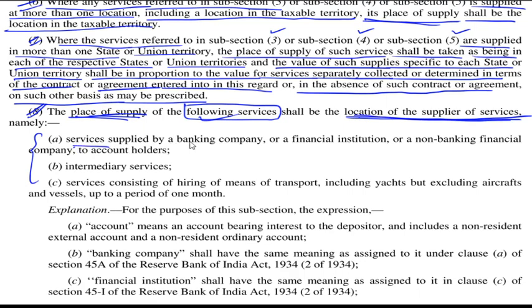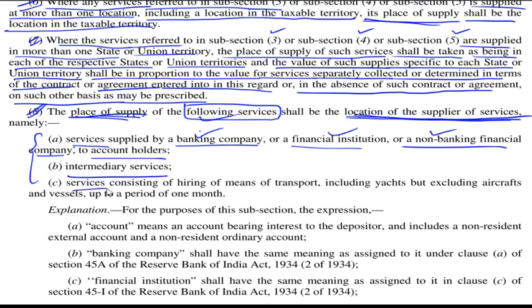Services supplied by a banking company, financial institution, or non-banking finance company to account holders. So banking company services, financial institution services, non-banking finance company services to account holders. Intermediary services.